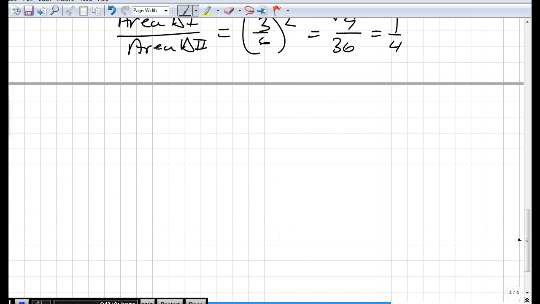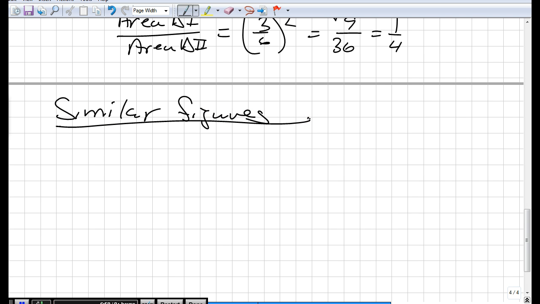Now that takes us to similar figures. How do we relate things in similar figures? Okay, if we're looking at similar figures, not just triangles, but any figures that are similar, it's this.